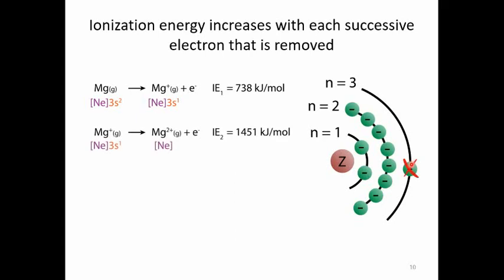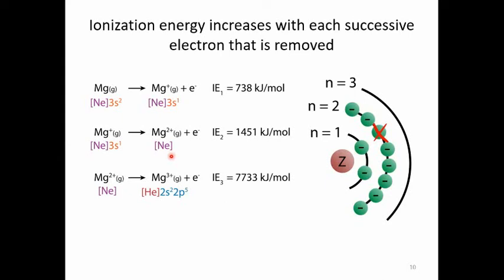So when we go and we remove that electron, we see that it requires even more energy than the first time. Once it's gone, we have a noble gas electron configuration. And this is important because what we see is that it actually takes a lot more energy to start pulling off electrons from what was the core.